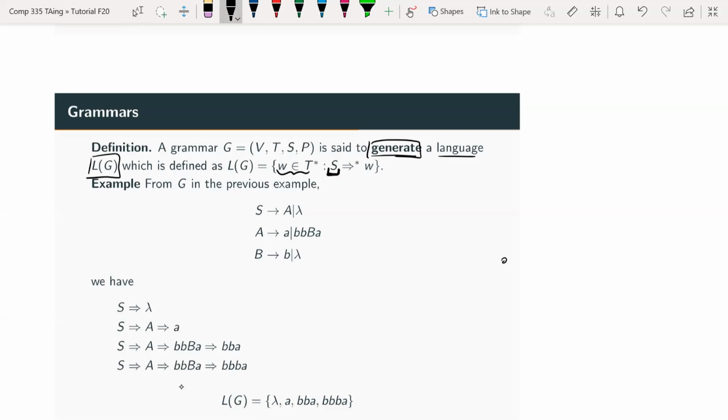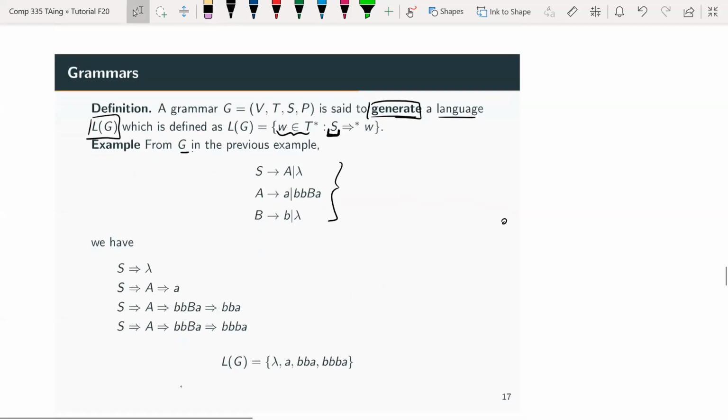Okay. So if we again look at this running example here, where we have our grammar G and this set of production rules, what is the language generated by G? Well, you always want to start your derivations with S. So what's the shortest string that can be produced by G?